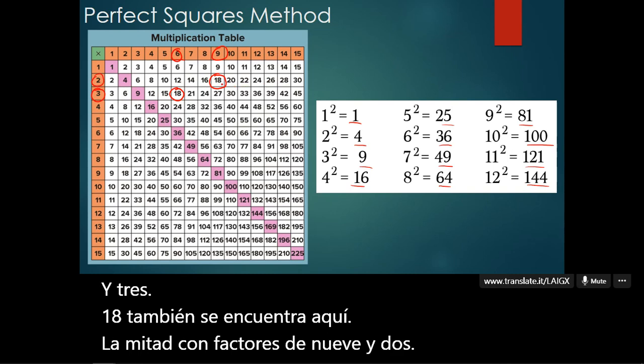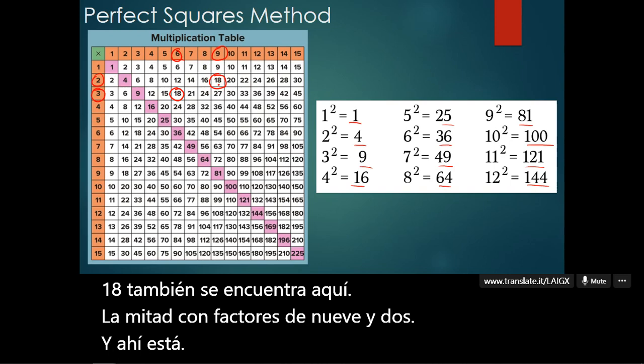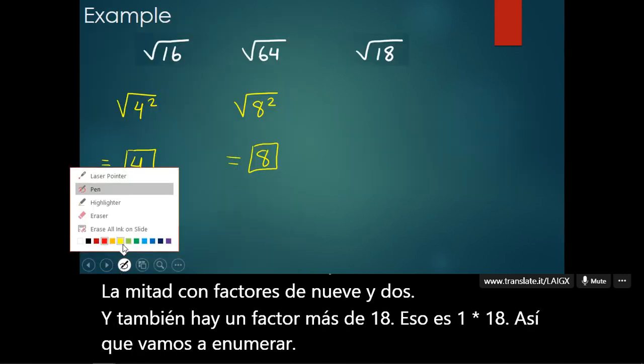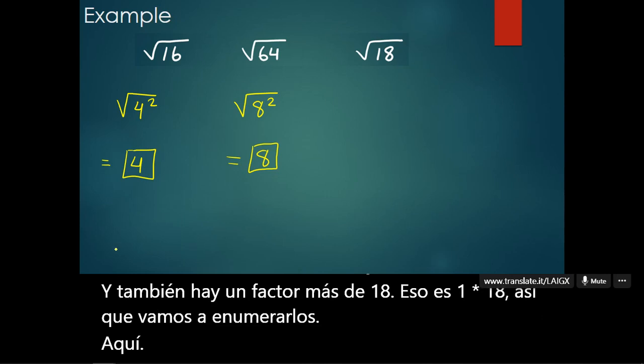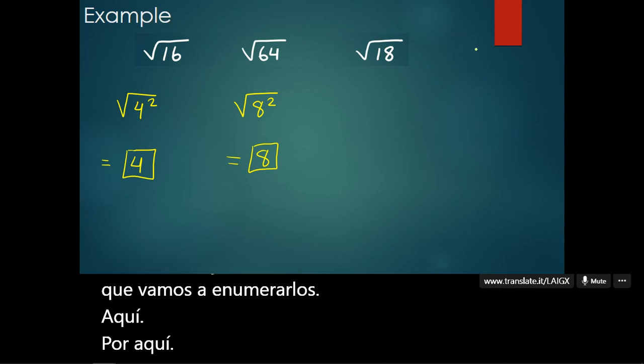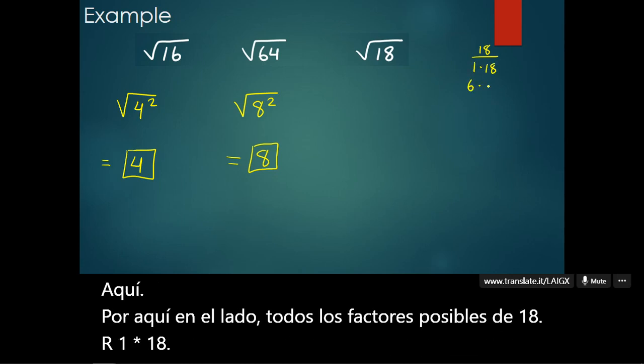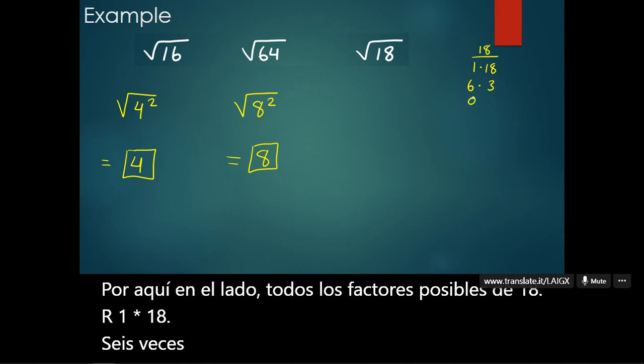And there's one more factor of 18, that's 1 times 18. So let's list them out here. Over here on the side, all the possible factors of 18 are 1 times 18, 6 times 3, and 9 times 2.